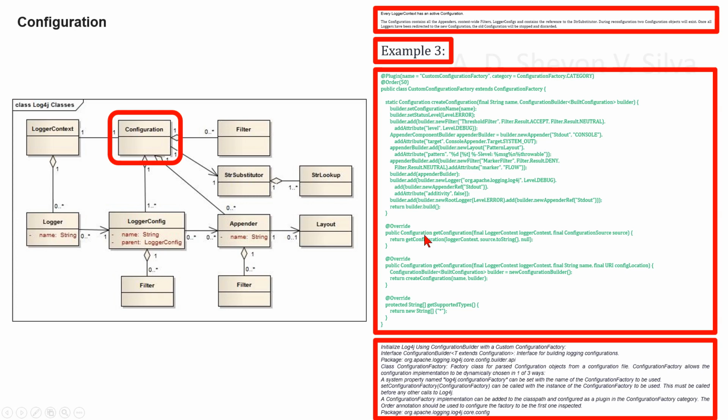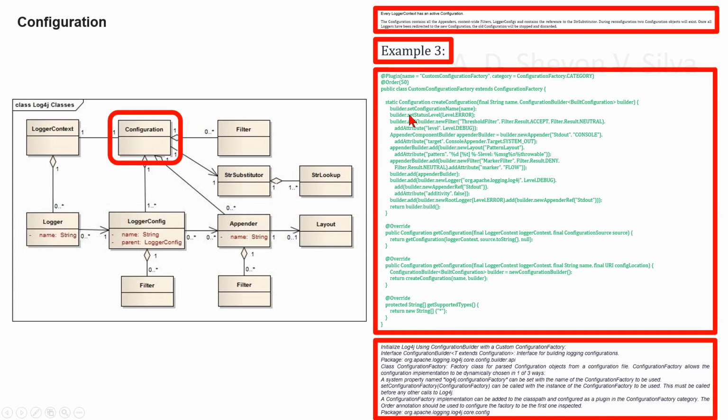This will cause the configuration to be automatically hooked into Log4j when the LoggerContext is created. In this example, because it specifies a supported file type of asterisk, it will override any configuration files provided.